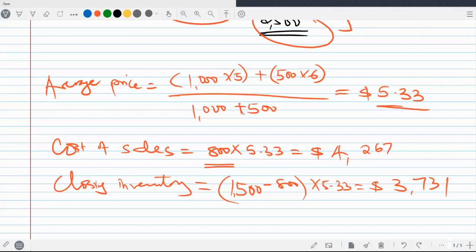Simple as that. That's what we get there for the value of the closing stock: 700, the closing inventory units, times the value per item, which still remains at 5.33.